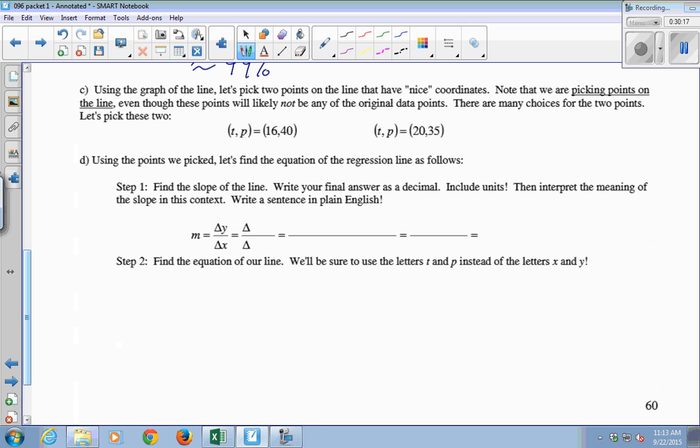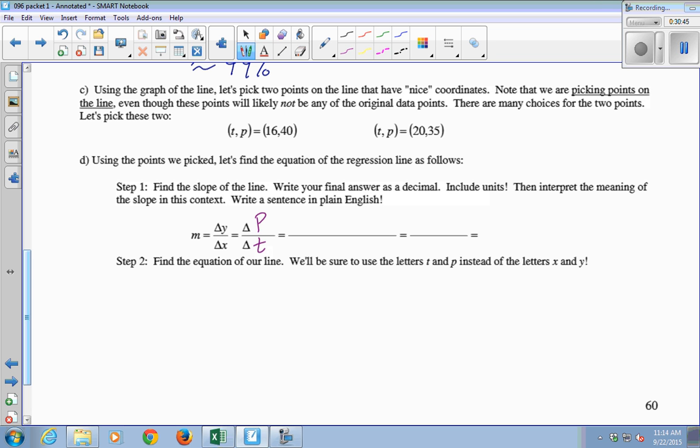So using those points, I want to find the equation of the regression line, the equation of the line of best fit. The first step is to find the slope. Slope is change in y over change in x, but I'm not using y and x, I'm using t and p, time and percentage. So this is actually going to be change in p over change in t.